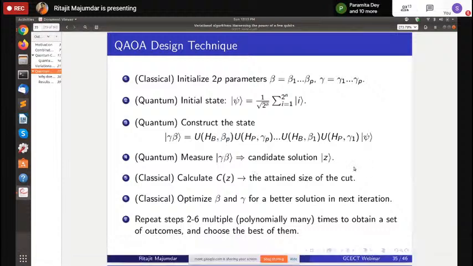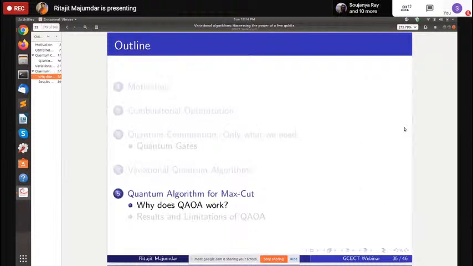This is the idea of quantum approximate optimization and in general for any variational quantum algorithm. And you can repeat these steps polynomially many times because we don't want exponential, but we can obviously give polynomially many times, right?